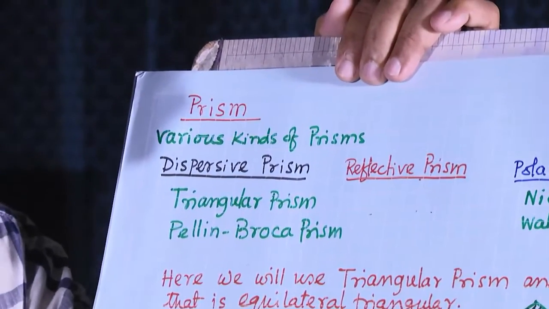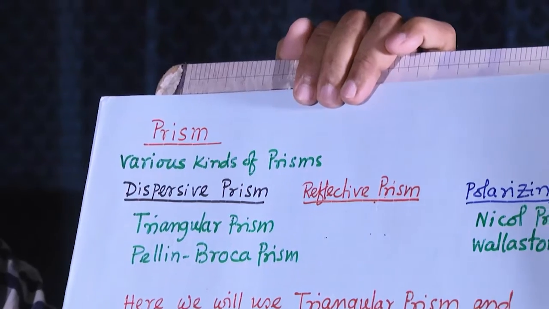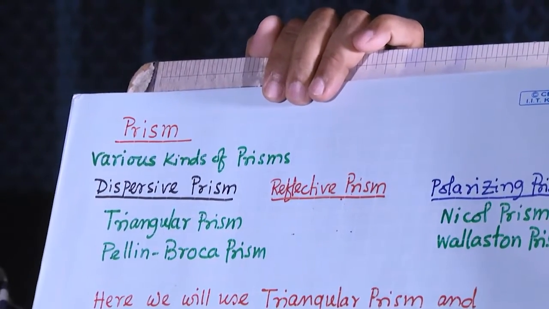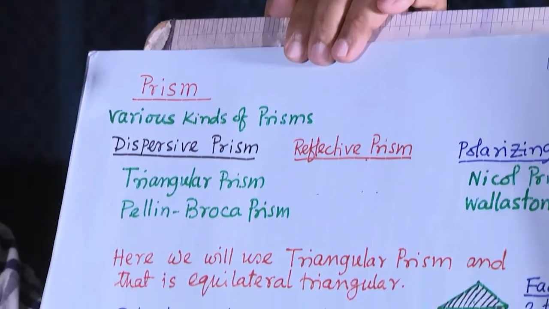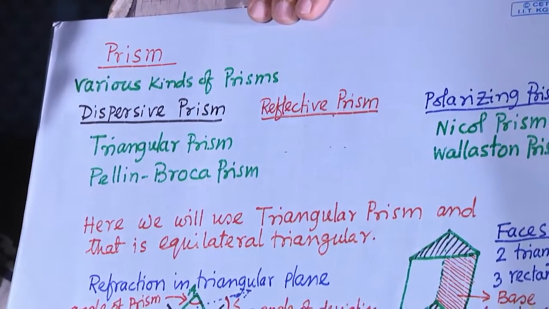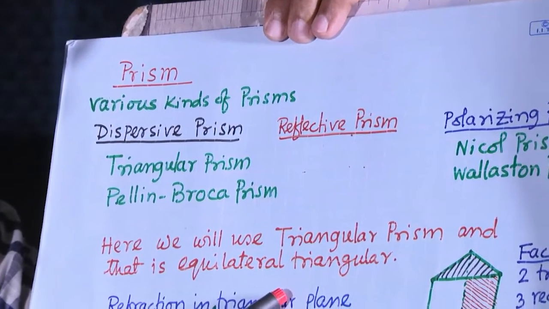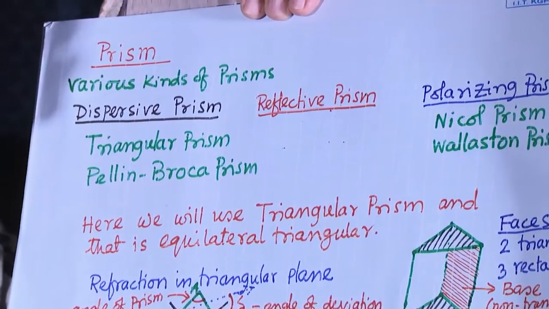This we call the emergent ray, and this is the incident ray. The direction of the incident ray is this, and the direction of the emergent ray is this.